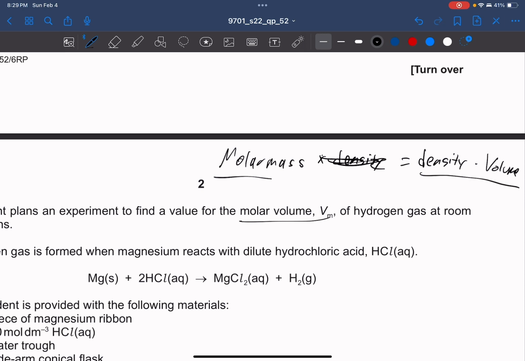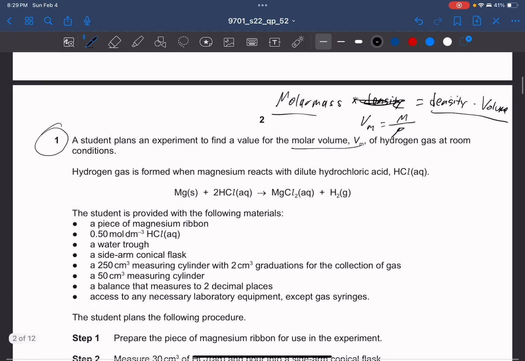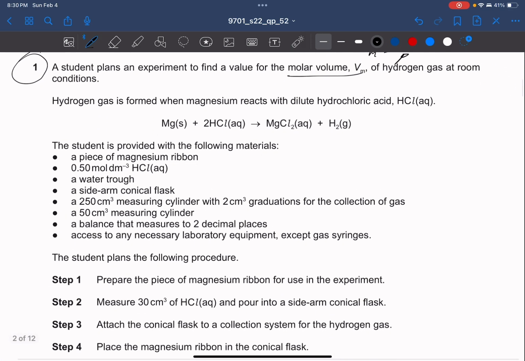This is going to be the density of our substance, and it's going to be the volume of our substance as well. So molar volume is just going to be our molar mass over our density. That's what the experiment is trying to determine.